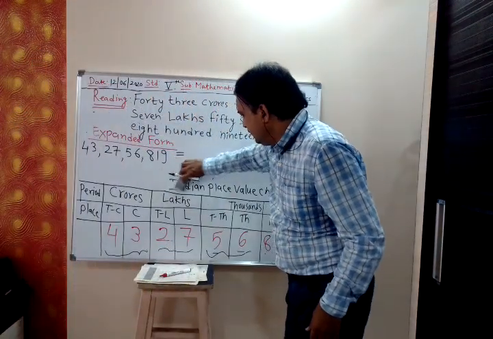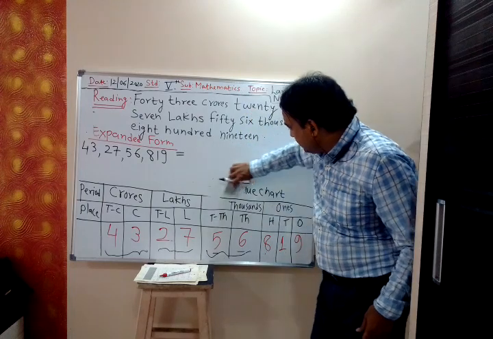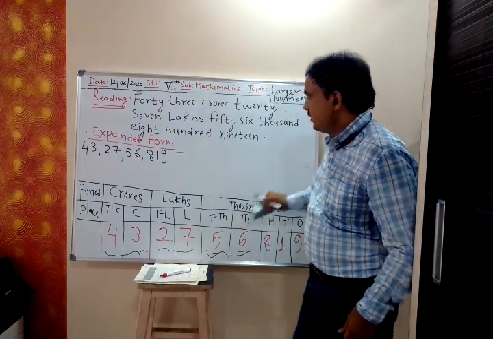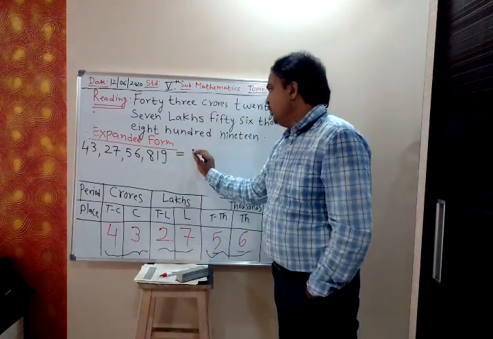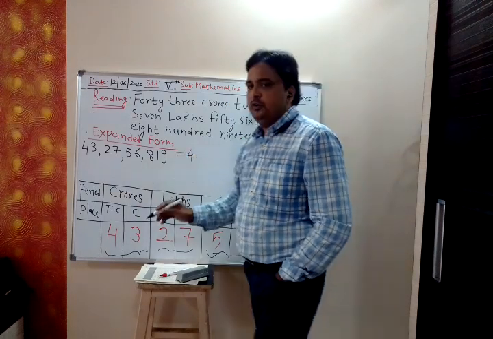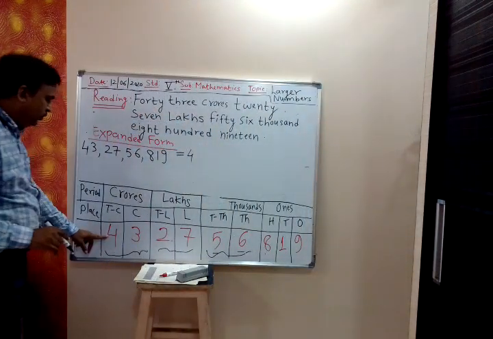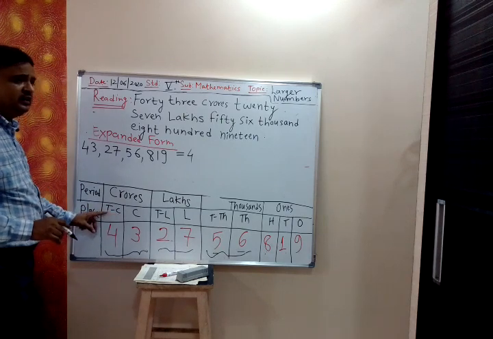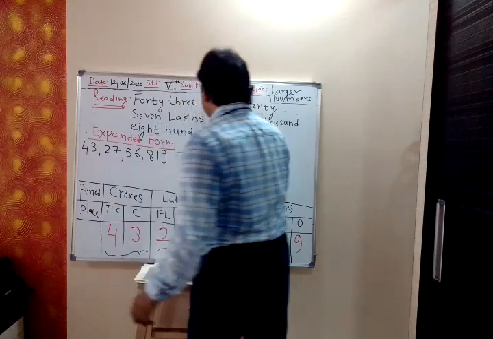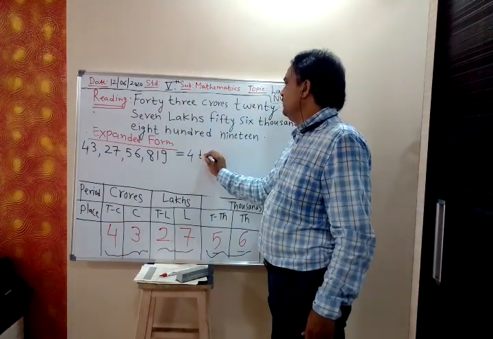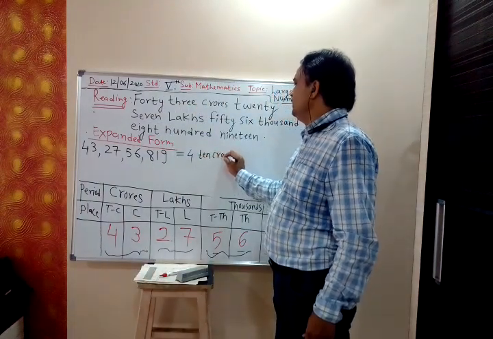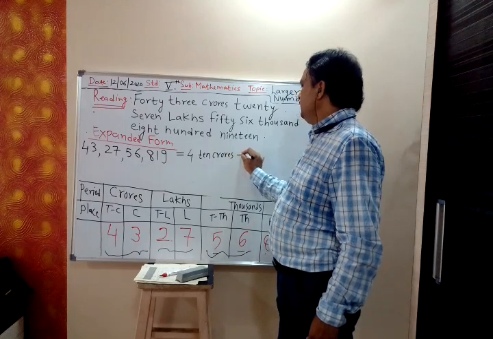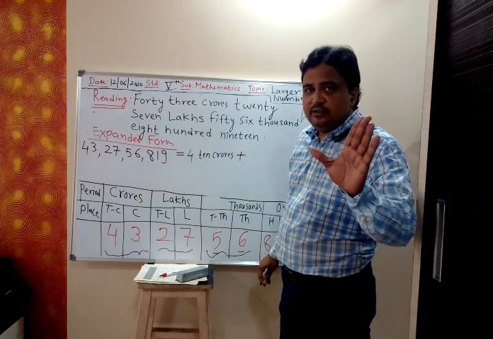Now let us write this. What is the position of 4? 4 ten crores. So we write 4 ten crores. Wait, directly we don't write 40.